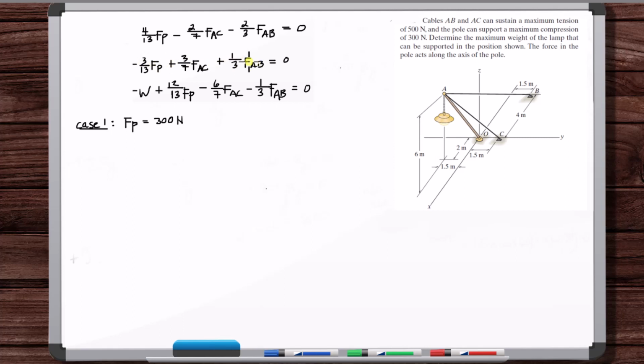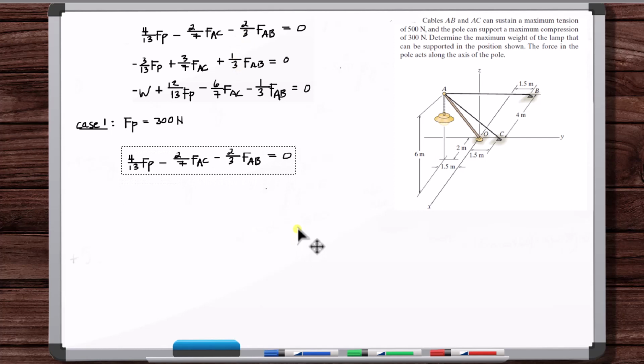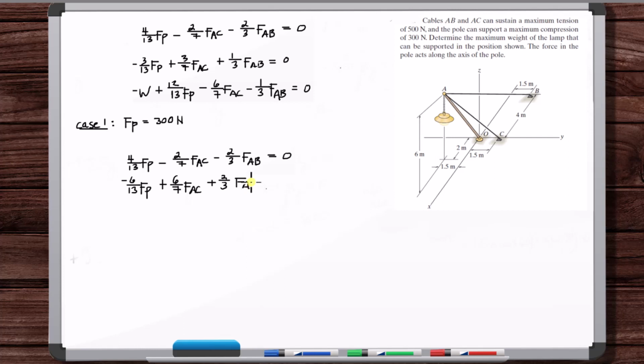So let's make this a 2/3, so then these will cancel out. Now let's multiply this second equation by 2. So we get minus 6/13 FP plus 6/7 FAC plus 2/3 FAB is equal to 0.